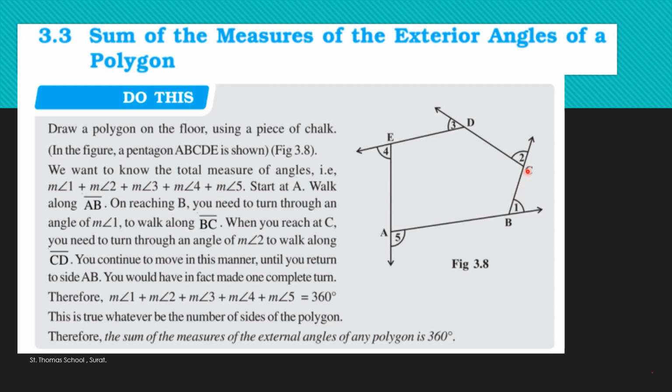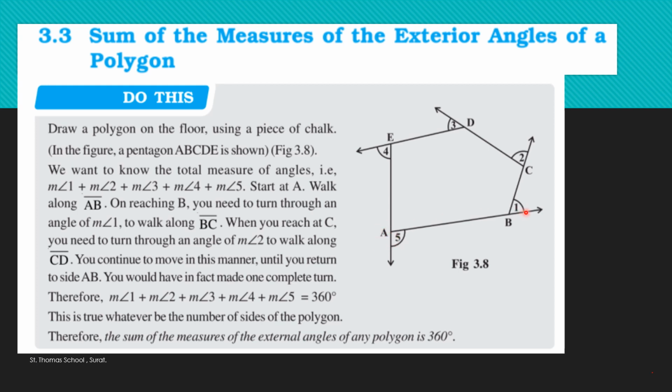And when you reach C, again you need to turn through an angle of measure 2 to walk along CD. And when you reach the point D, you need to turn through an angle of measure 3 to walk along DE. And when you reach E, you need to turn through an angle of measure 4 to walk along EA. Is it clear? So you reach the same starting point.